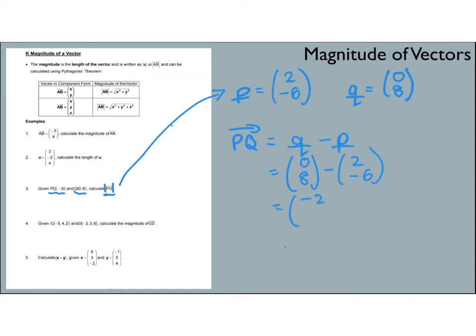Now watch for this next bit because I need to do 8 take away minus 6. 8 take away minus 6 is 14. So the vector from P to Q is minus 2, 14. That now puts me in a position where I can, there's my lines down the side, start working out my magnitude, the distance from P to Q.